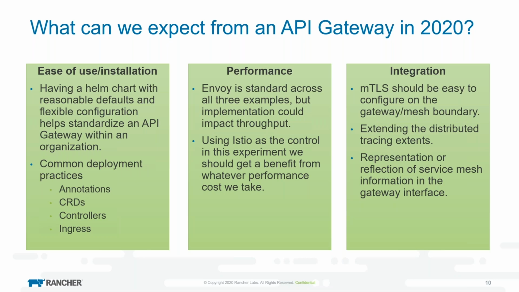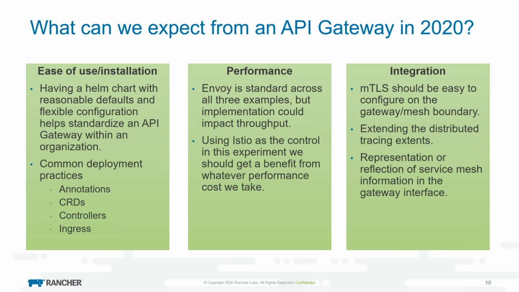It should be pretty straightforward to deploy some form of application. And then secondly, you want it to follow common practices within the Kubernetes ecosystem, either using annotations, CRDs, controllers, or ingress.